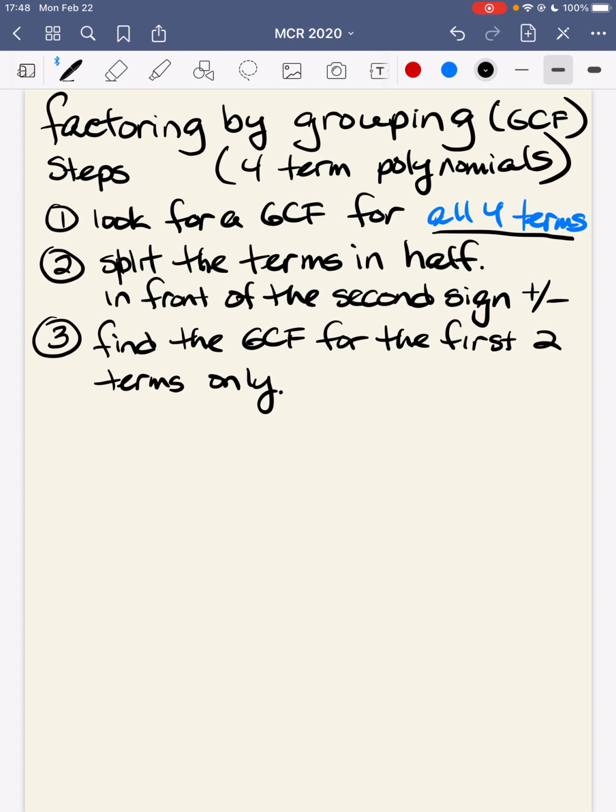We're going to take out the GCF for the first 2 terms. Now, if the sign in front of the first term is negative, we need to pull out a negative. We'll talk more about that later. But right now we're just finding a GCF for the first 2 terms. Step 4, we're going to find the GCF for the last 2 terms.